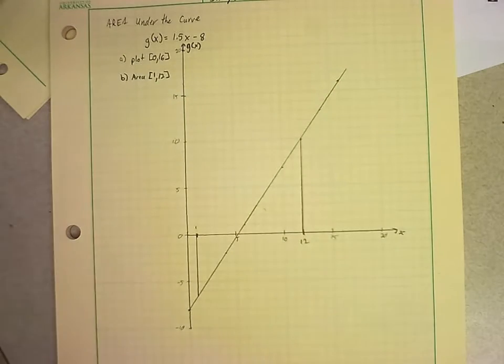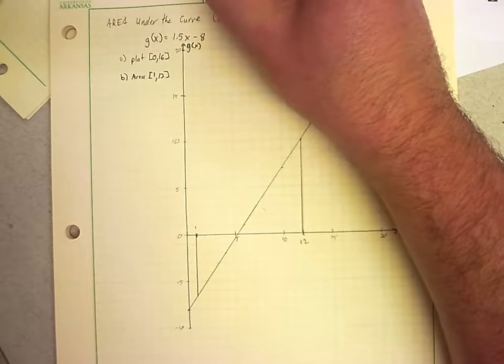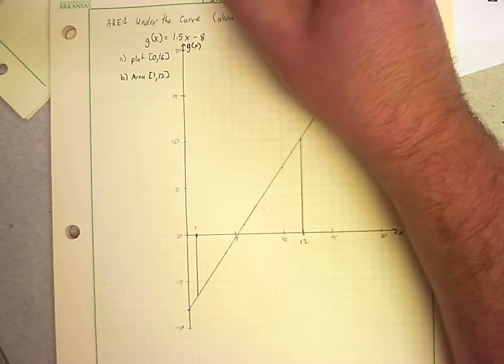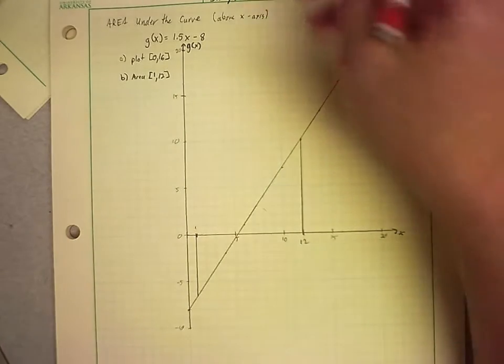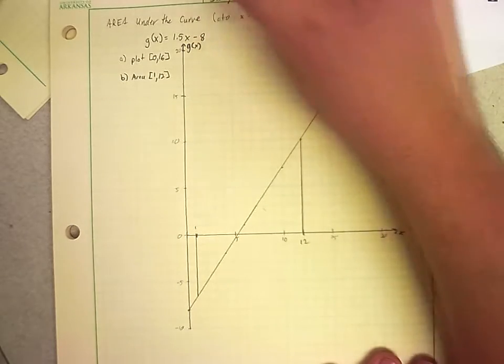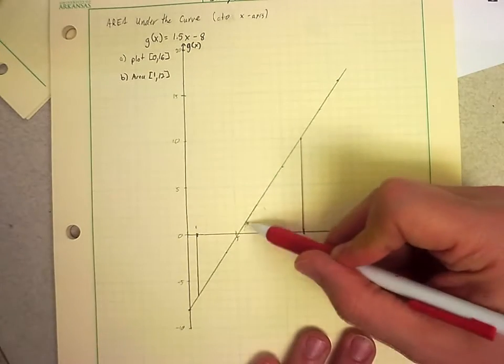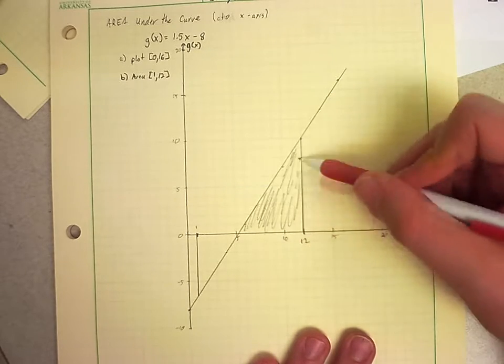And when we say area under the curve, we generally mean above the x-axis, or to the x-axis. So over here, it's just like what we had in the other one. It makes perfect sense. It's this shaded area, right?